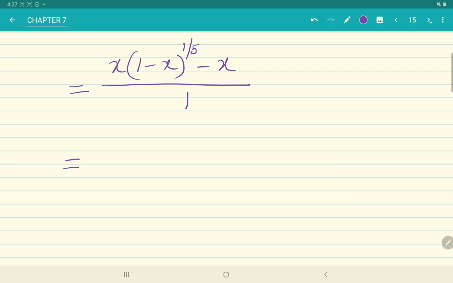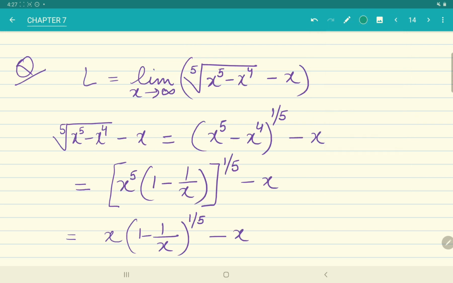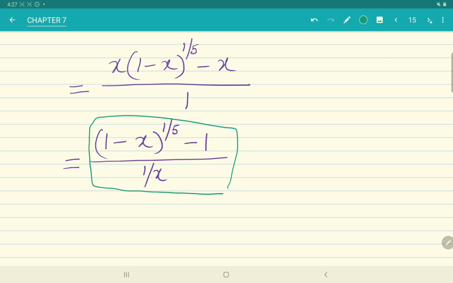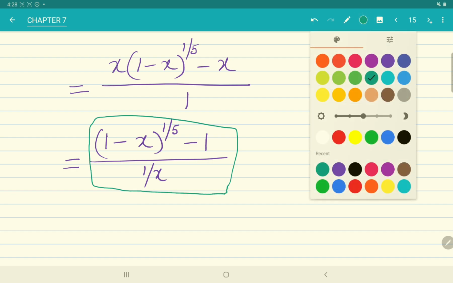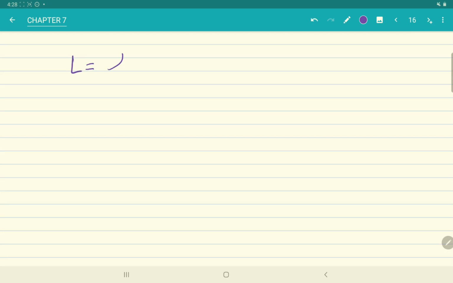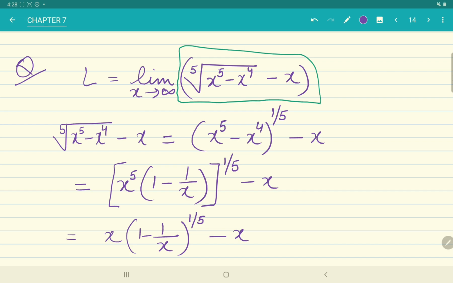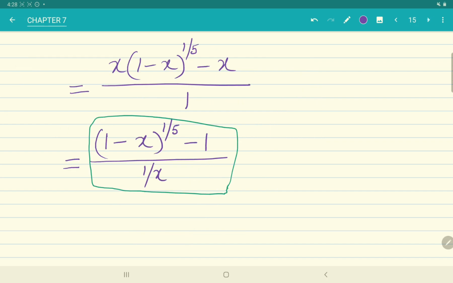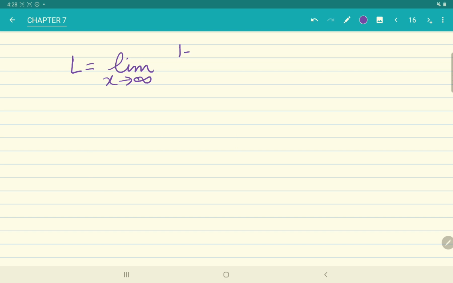That means I can write it this way: 1 minus 1 by x raised to the power 1 by 5, minus 1, divided by 1 by x. So this expression is in fact equal to this expression. Now I can write my L to be this: L is equal to limit x tending to infinity of 1 minus 1 by x raised to the power 1 by 5, minus 1, divided by 1 by x.